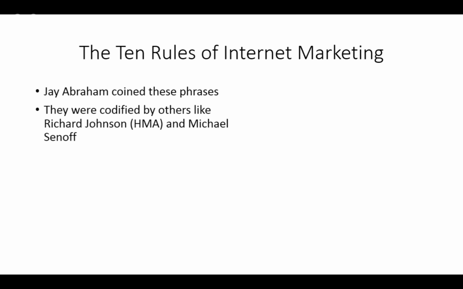Now, what we're going to be talking about is a system. It's the system of marketing for small independent businesses, and these phrases actually are not original to this course.